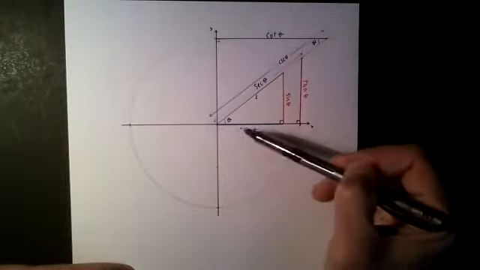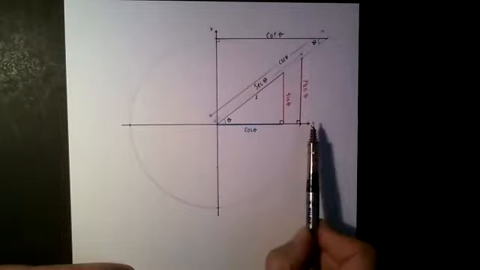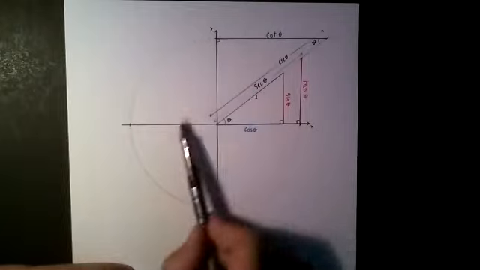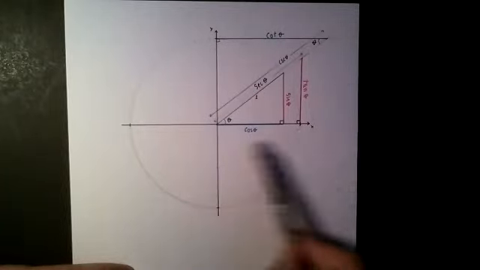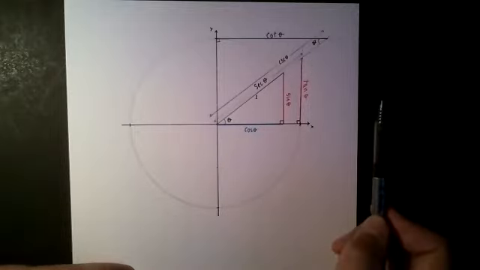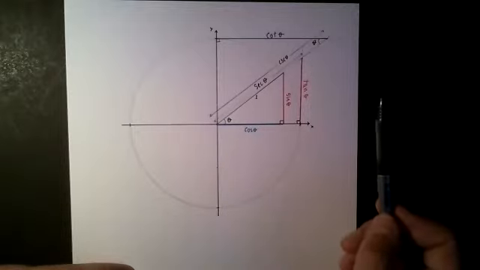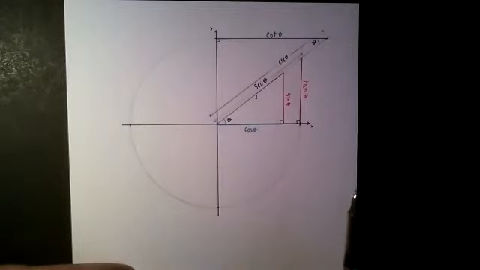Because they're alternate... I don't know how to say it in English. Very good, they're alternate interior. So you have two parallels cut by a secant. These angles are alternate interior, or alternate if you studied in French, and so they're congruent if these two lines are parallel, which is the case here.